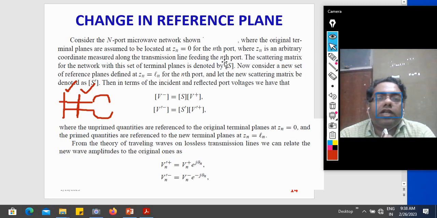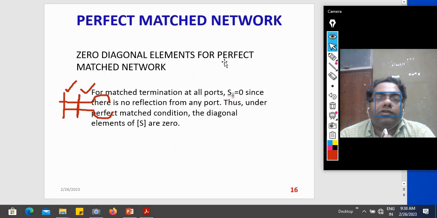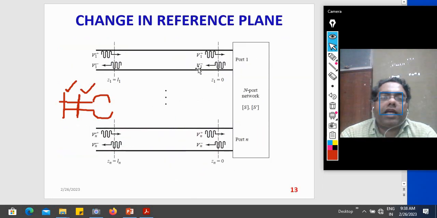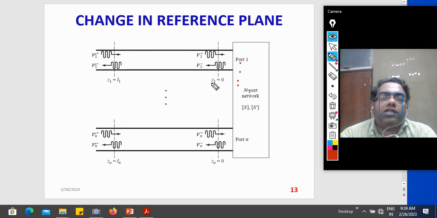So for this let us consider an N port network. This is the diagram. Here we see that this is an N port network, with port 1, port 2, port 3 till port N. Now for port 1, we are considering two planes.